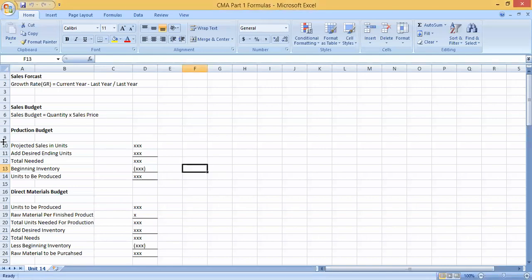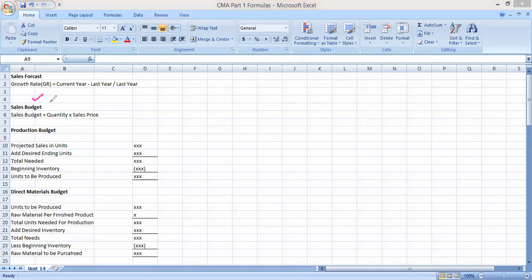Now the next one, students, we have the production budget. But before the production budget, let's take a look at the sales budget.